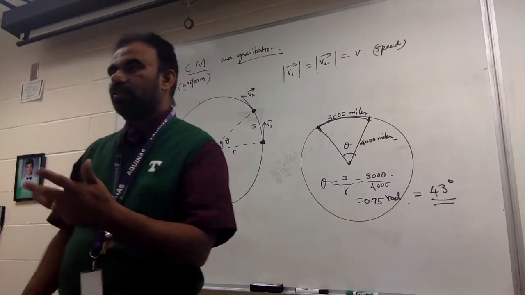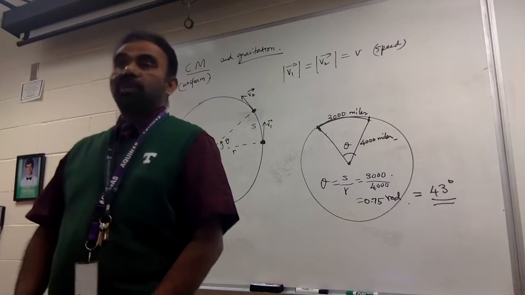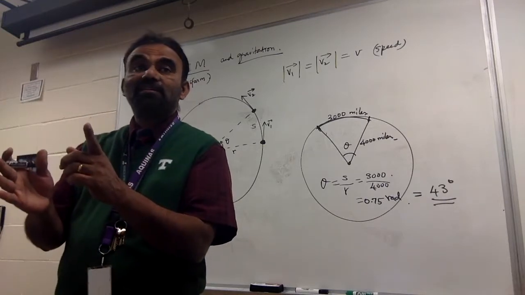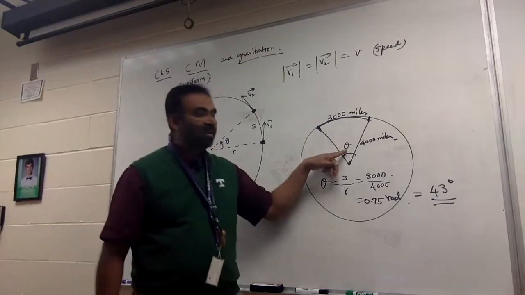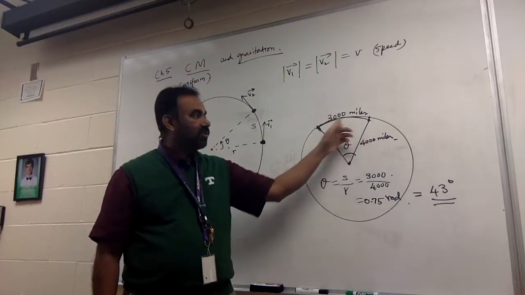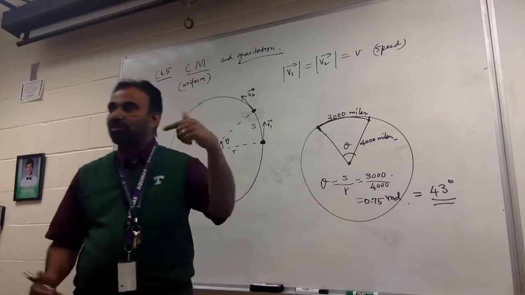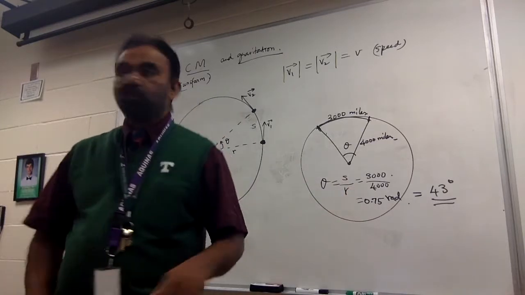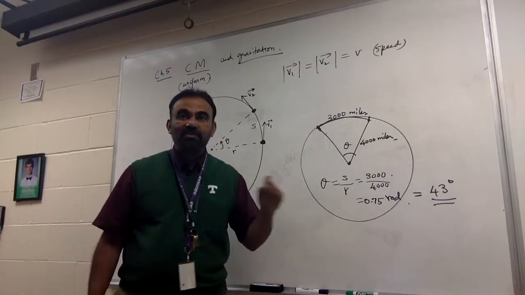Because we need to see and understand exactly. And sometimes you may be given an angle in degrees, and you want to find out how far it is, not by using degrees, but you have to convert it to radians. This equation is true only if this angle is in radians.